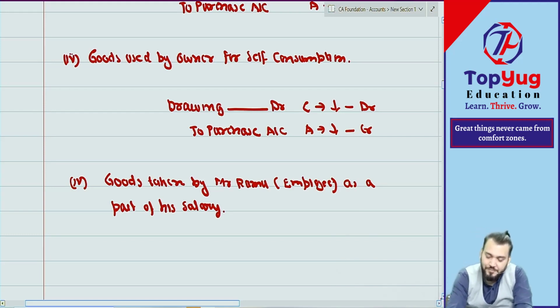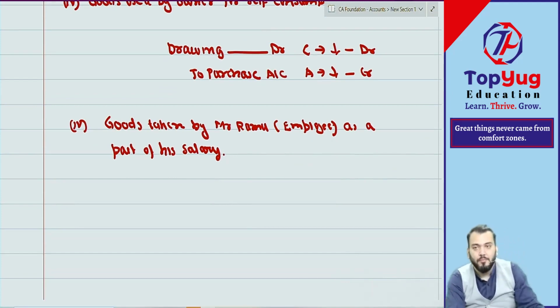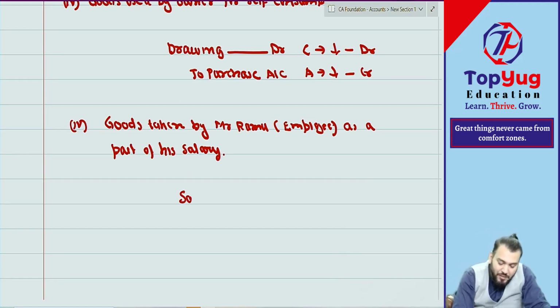What journal entry? Tell me. Means instead of receiving cash, what has he received? Goods. Salary is paid not in cash, salary is paid in the form of goods. What journal entry? Salary account debit to purchase account.